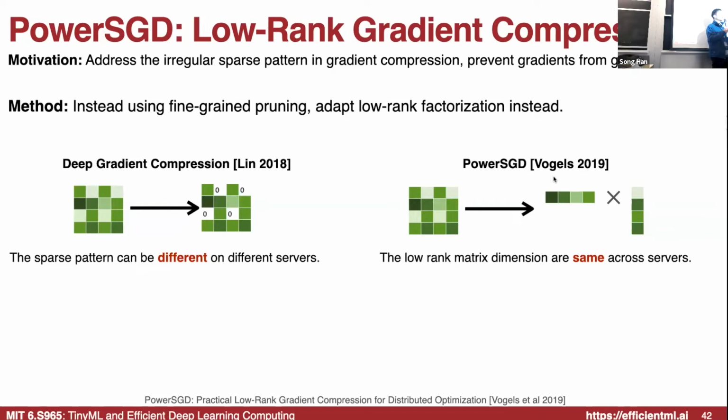We have learned that a matrix can be represented or approximated by a low rank approximation. Here we keep only a rank of 1 in this scenario, so that we need to send only 8 gradients rather than 16 gradients in this example.